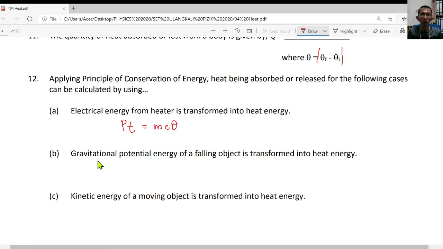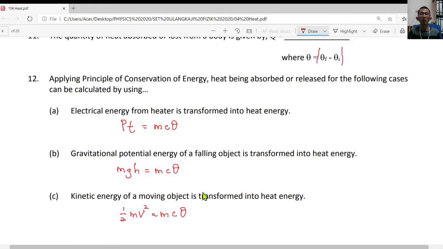If we have gravitational potential energy, for example a ball falling from a building, so we have a height there, here I have mgh equals mc theta. If you have kinetic energy, then we have 1 over 2 mv squared equals mc theta.